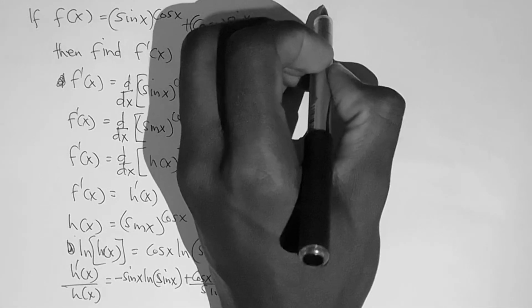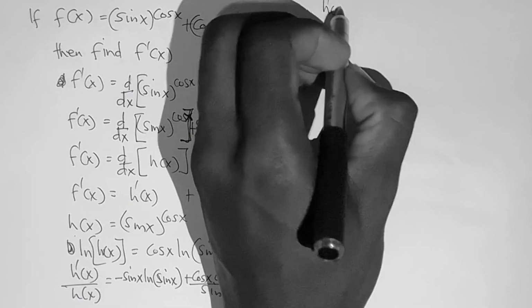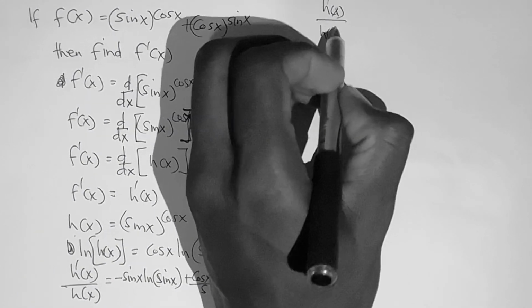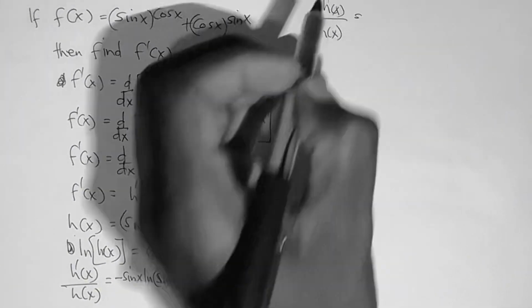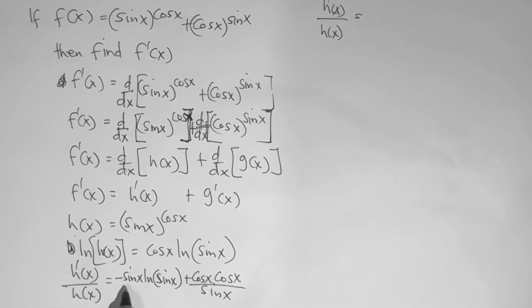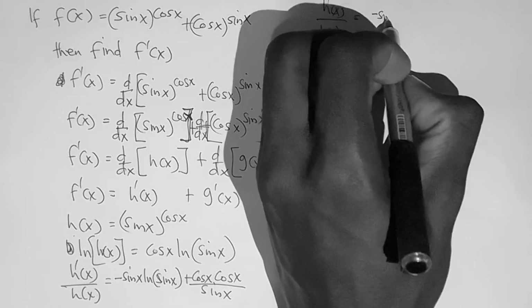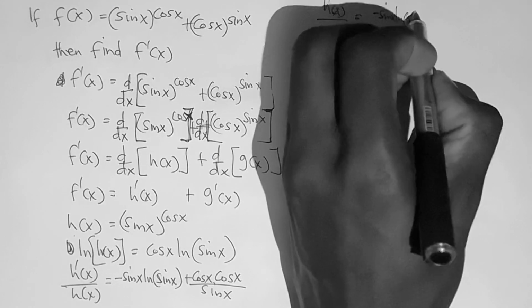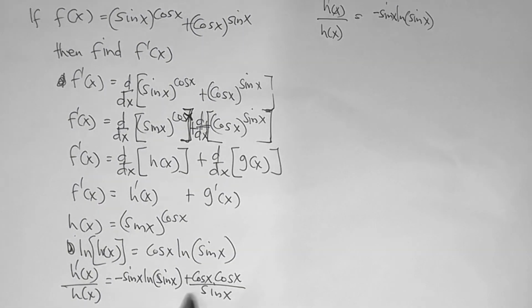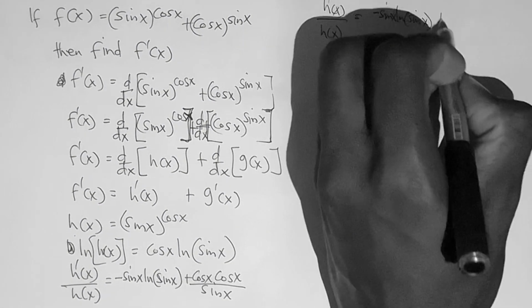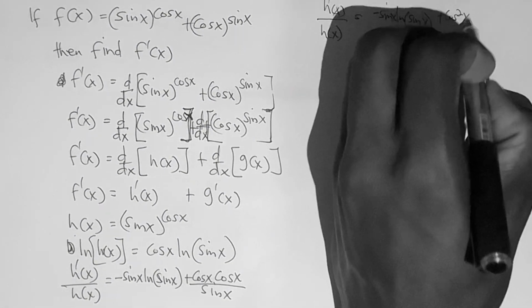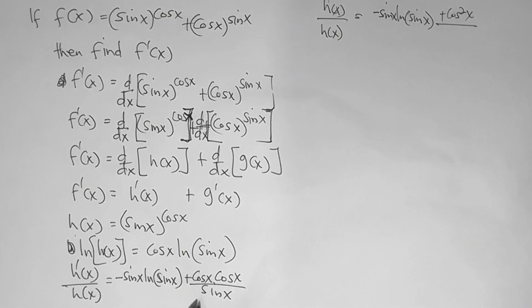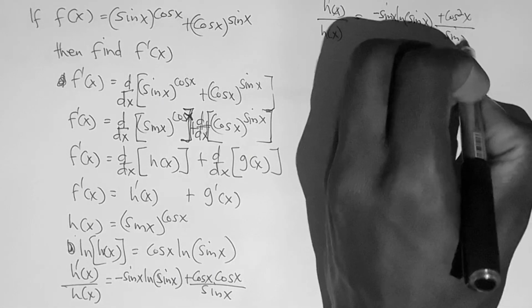So continuing, h prime of x over h of x is equal to minus sine x ln sine x, then cos x becomes plus cos squared x divided by sine x.